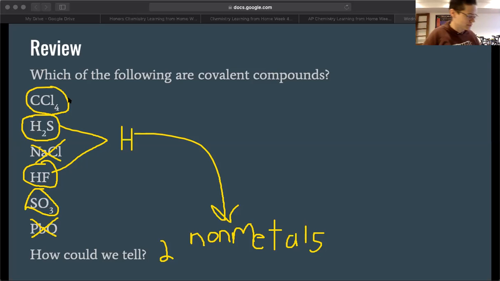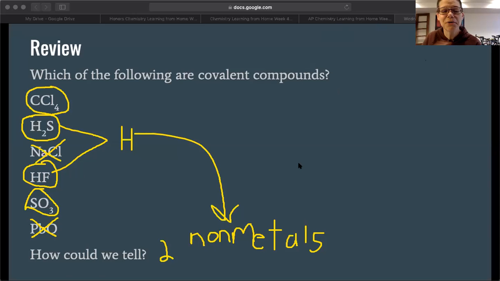That is the name of the first one. Hydrogen disulfur. Close. The di goes with the first one. Oh, sorry. Dihydrogen monosulfur.